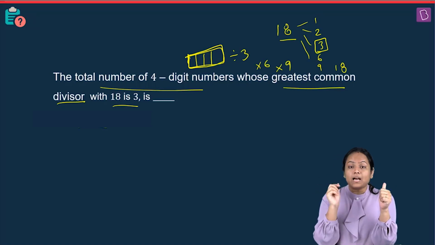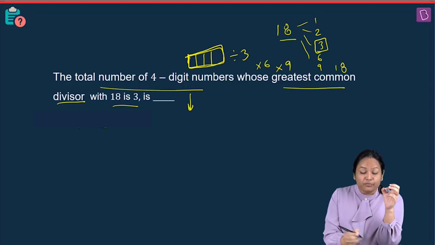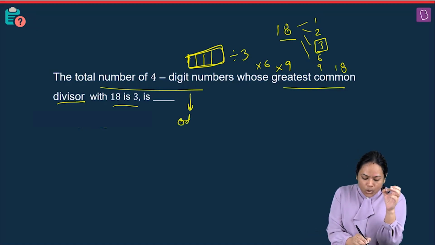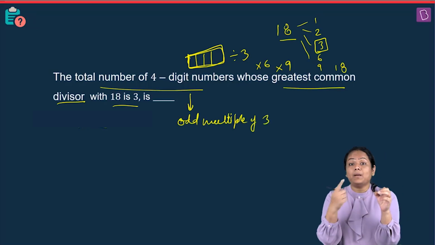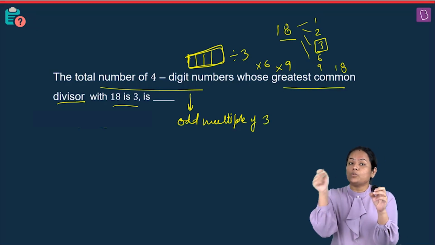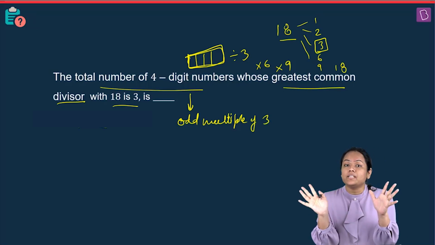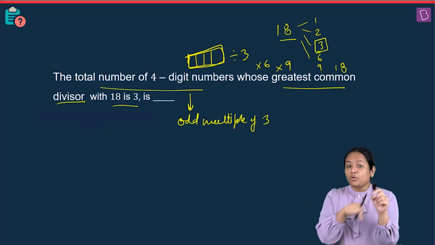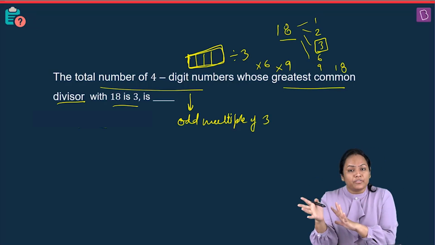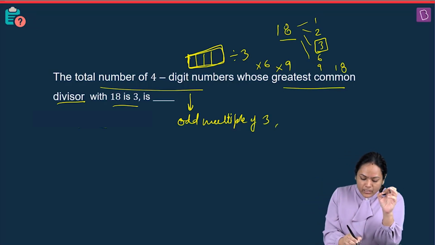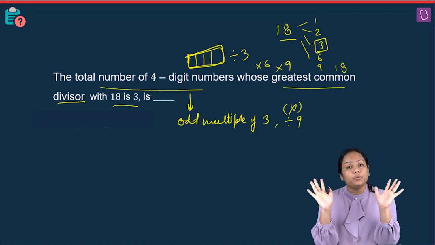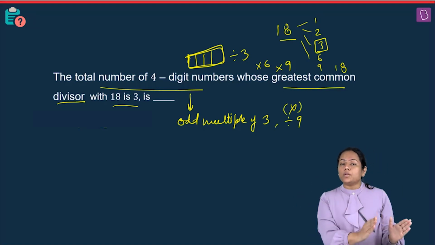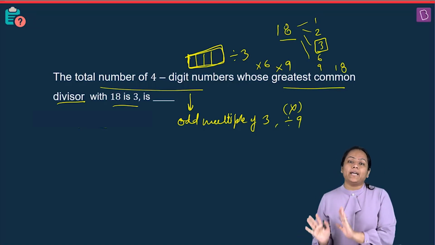So I have to make sure that this 4-digit number is an odd multiple of 3, right? It should not be an even multiple, because if it becomes an even multiple of 3, 6 will become the greatest common divisor. Clear? So the 4-digit number should be an odd multiple of 3 but definitely not divisible by 9.